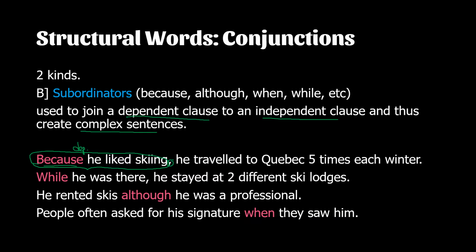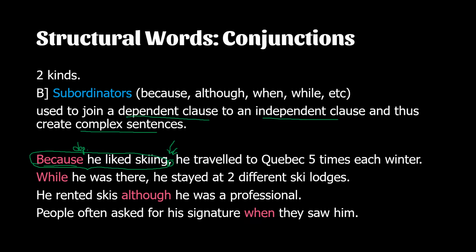As I say this sentence in oral language, there will be a natural pause at the comma, and the intonation of the voice will go down. So because he liked skiing, you notice that skiing goes down in intonation, and then there's a pause. Because he liked skiing, he traveled to Quebec 5 times each winter. That shows that you need to put a comma.